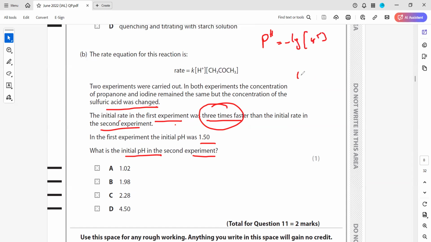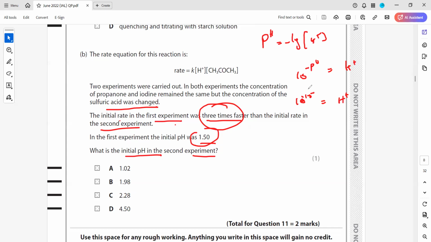If I need the hydrogen ion concentration, 10 raised to the power minus pH will be the hydrogen ion concentration. So in the first experiment the pH is 1, so the concentration is 10 raised to the power minus 1. The hydrogen ion concentration of the second is 3 times less than the first.